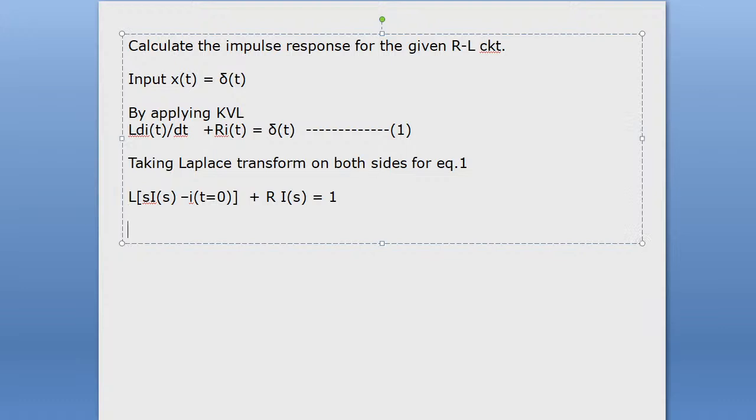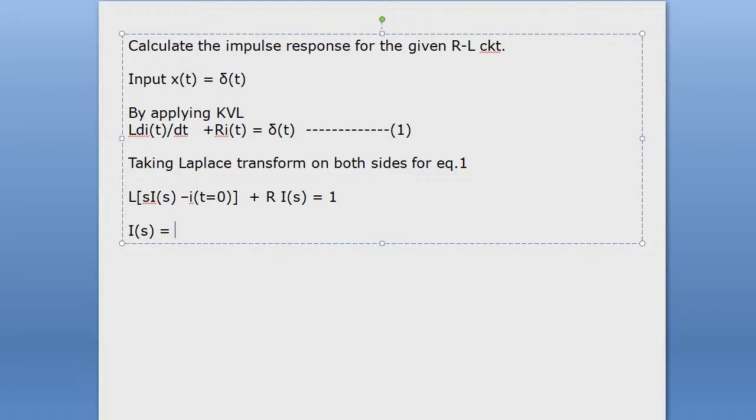Now you simplify this, writing in terms of current. So I(S) you can write, and you know that the initial value i(t) at t equal to 0 is 0, so you just make it equal to 0.